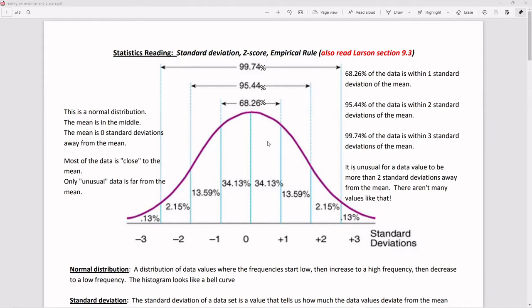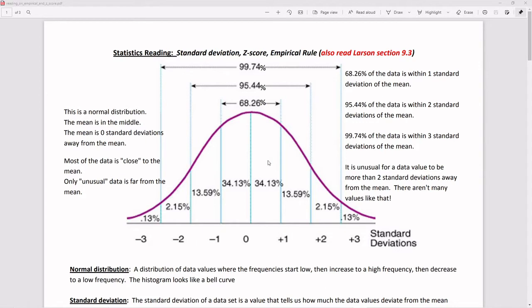And what this picture is trying to show you is there are many scenarios where we're going to have data, and when you draw the picture, you put all the dots down, each dot is a piece of data on a graph like this, and you're going to get this shape or something very close to it. And what is the shape trying to tell you?